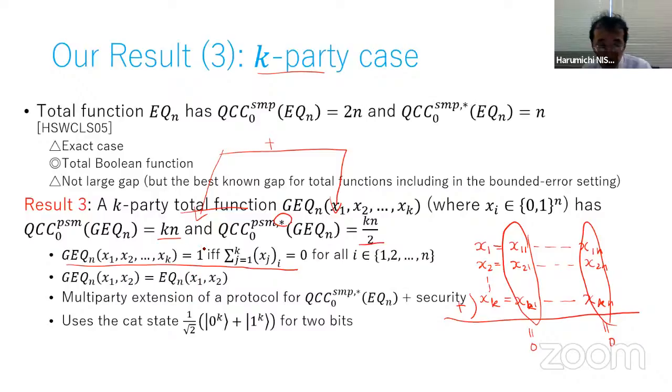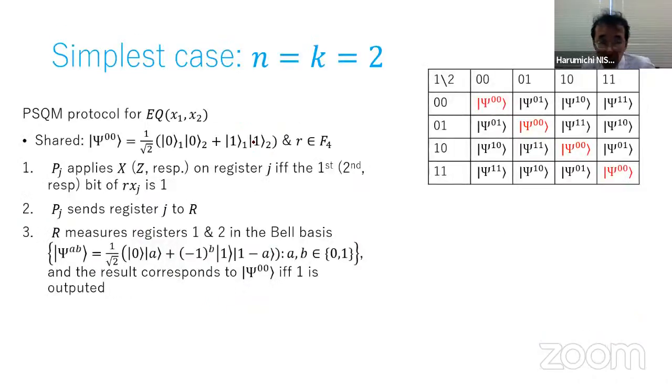To give the PSM protocol for this function, we use the cat state. In particular, we can see the 2-bit string case, x11, x12, x21, x22.